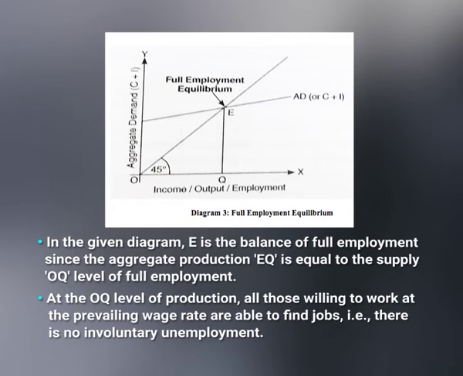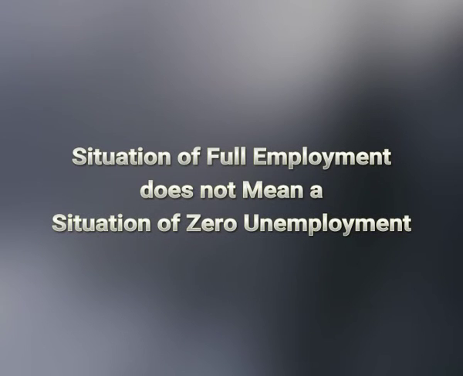At the OQ level of production, all those willing to work at the prevailing wage rate are able to find jobs. That is, there is no involuntary unemployment. A situation of full employment does not mean a situation of zero unemployment, since there is still a tendency of natural unemployment.